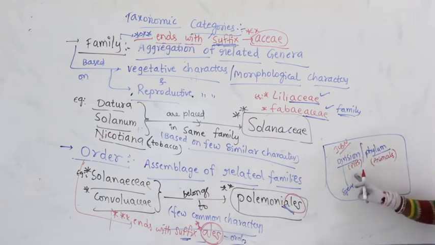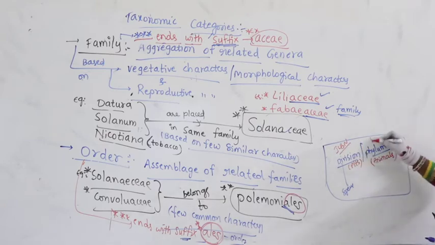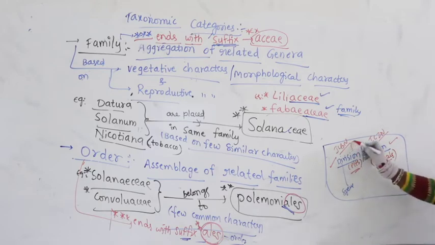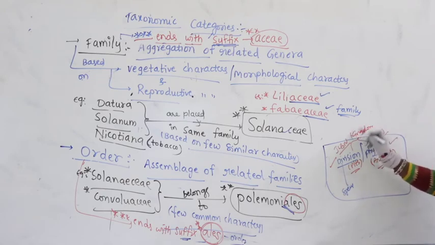Classification of plants is according to ICBN, and classification of animals is according to ICZN. So according to ICBN for plants we write the category division, but the same is referred to as phylum for animals. For both, kingdom is the same: plant kingdom and animal kingdom, but slight variations exist.